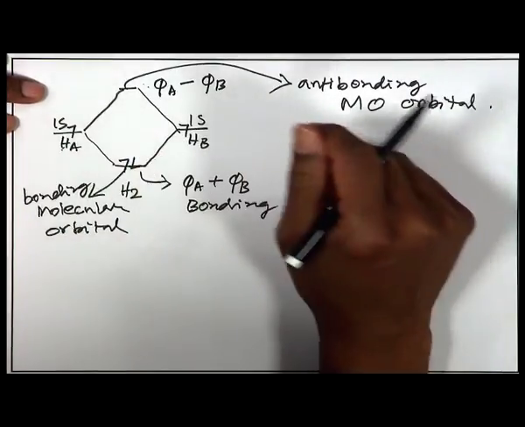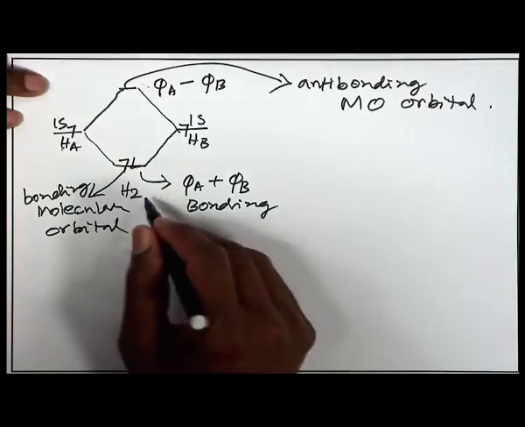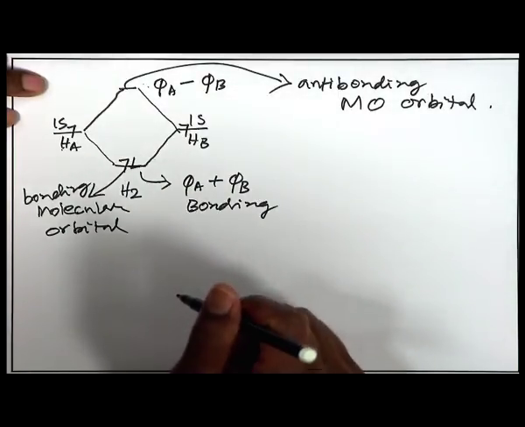So, here electron filling follows the same principle that was followed for atoms. In atoms, for building up, electrons are added by following the aufbau principle. One has to follow the Pauli exclusion principle and Hund's rule of maximum multiplicity. So, the same principles are used here to fill up the molecular orbital energy levels.